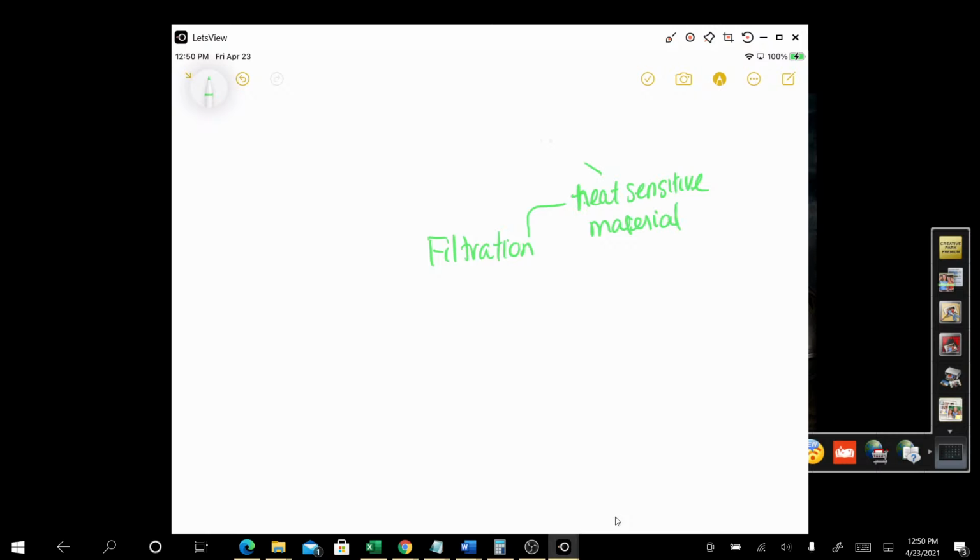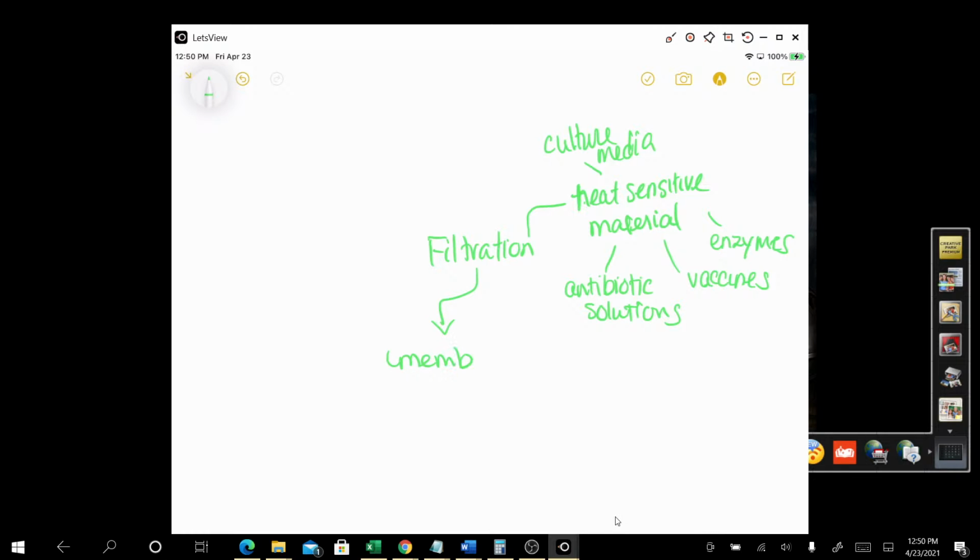So we have culture media, enzymes, vaccines, and antibiotic solutions. Now in filtration, filters are needed, and we have here membrane filters.